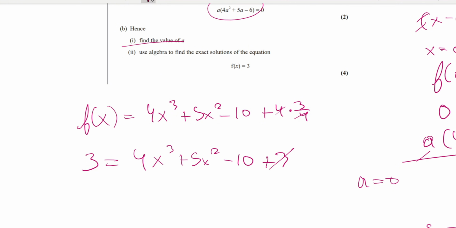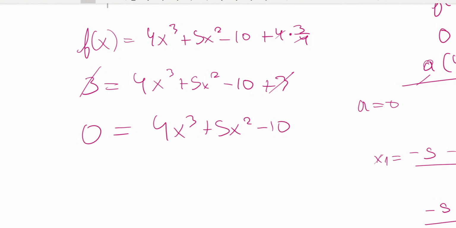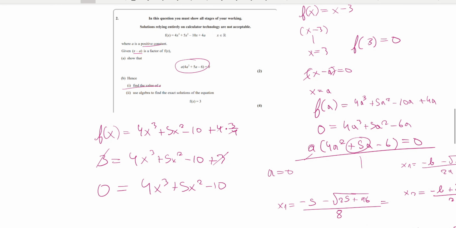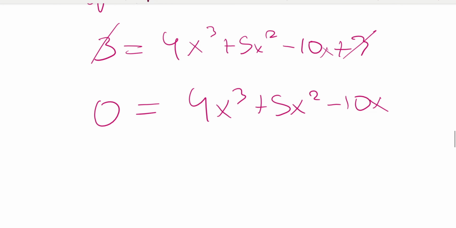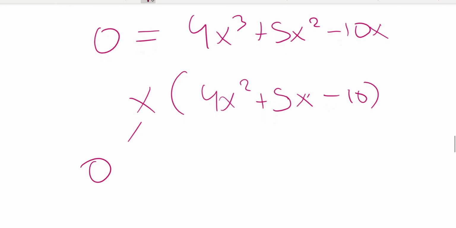So obviously this 3 and this 3 will cancel out, so now you just have 4x^3 plus 5x^2 minus 10x, and now you can do, let me think. The x is still here and the x is still here. So we can just take out the x now. 4x^2 plus 5x minus 10.